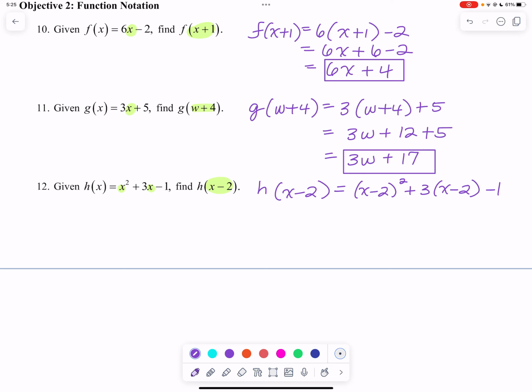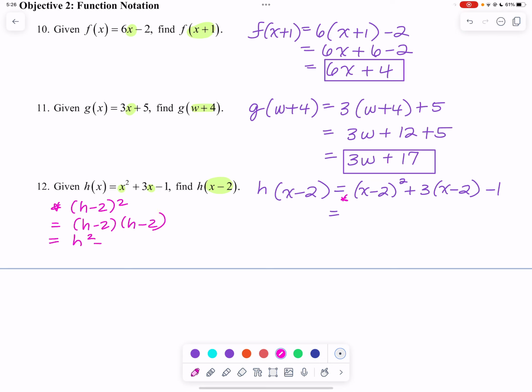So each one of these x minus 2's has been inserted where there was an x. If we square x minus 2, I'm just going to put a little star over here. x minus 2 squared is equal to x minus 2 times x minus 2.